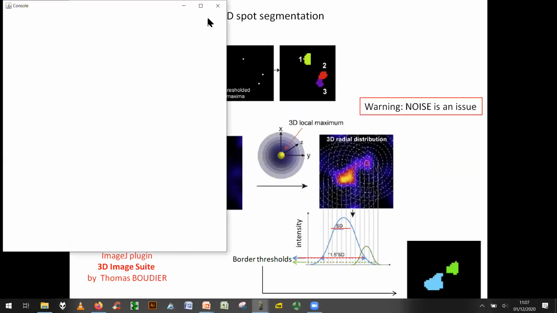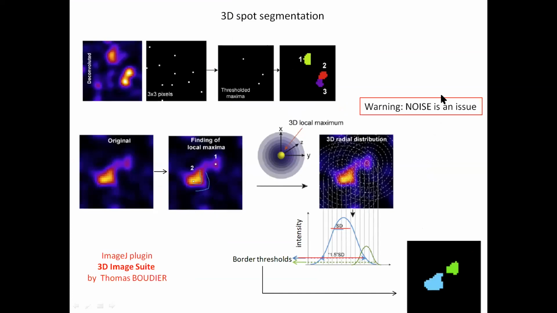One thing about what we did, I told you we will come back to that because I think it can really mess up the whole spot segmentation. Of course there's a noise issue with the idea of detecting local maxima. In my case, the images I give you have been deconvolved. There is software to deconvolve the image, and at least please perform some noise filtering before treating the local maxima.